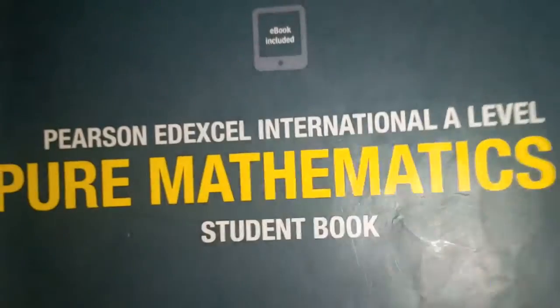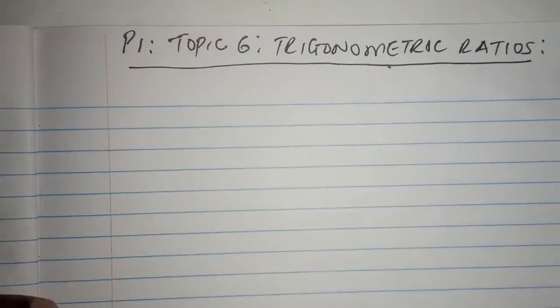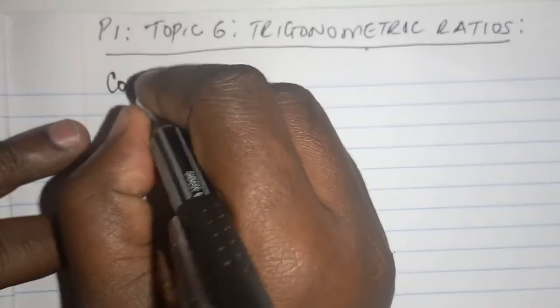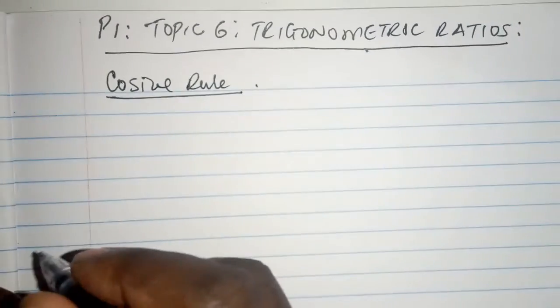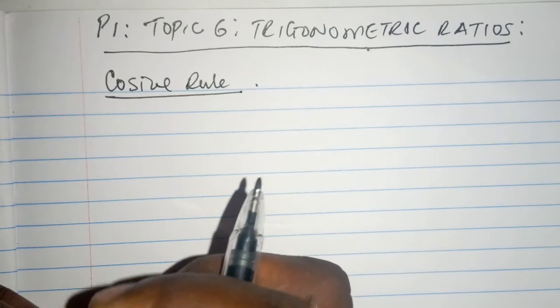In this video, we will be introducing ourselves to topic 1 of Pure Mathematics 1, and the topic is trigonometric ratios. We will start with the cosine rule. The cosine rule can be used to work out missing sides or angles in triangles.